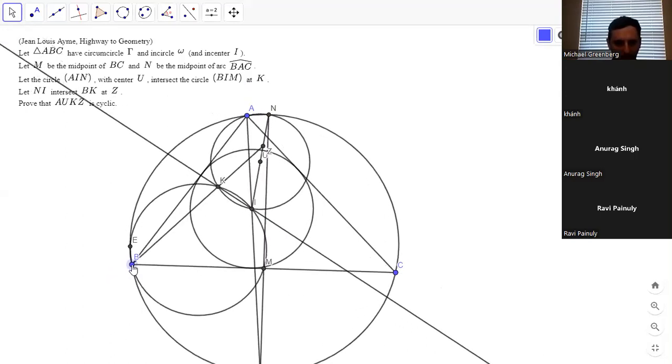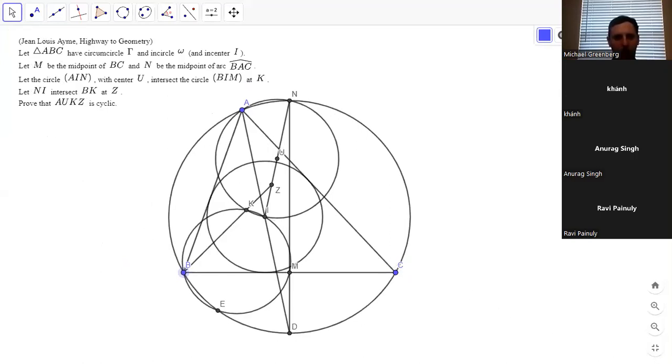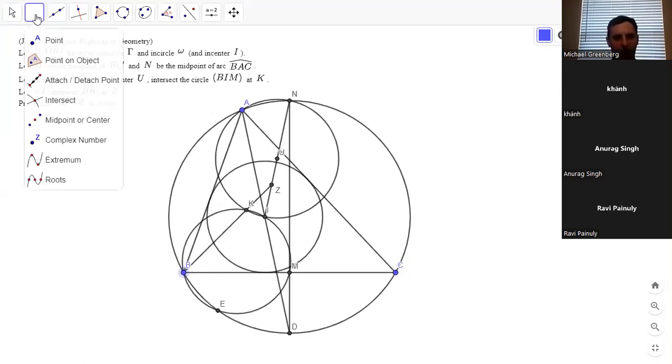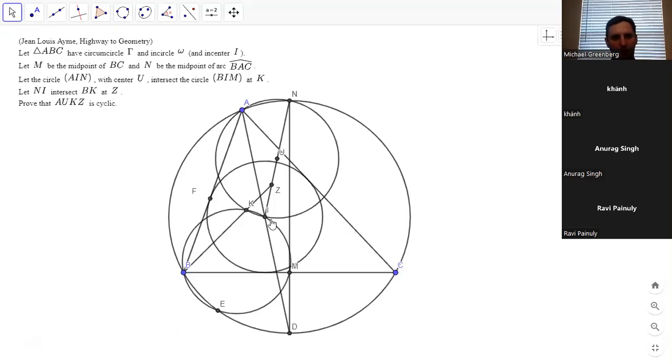Yeah, it feels like that has to be true. Is that obvious that I, K, and F are collinear? So we want to show that I, F.